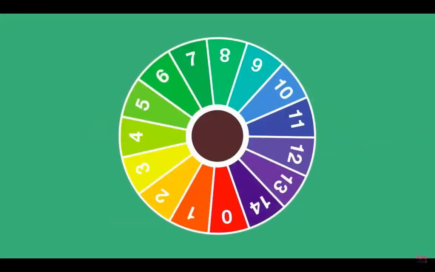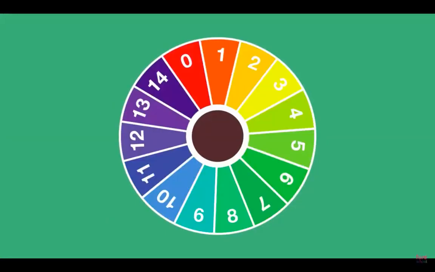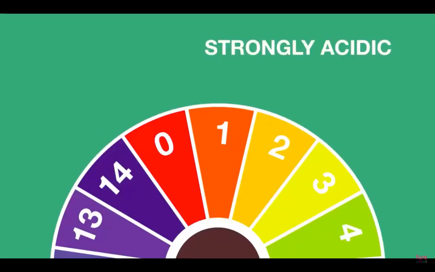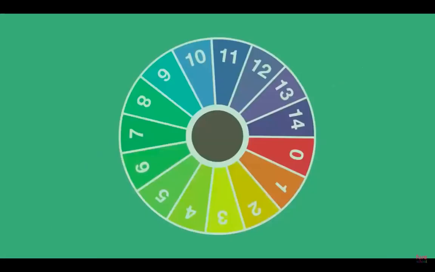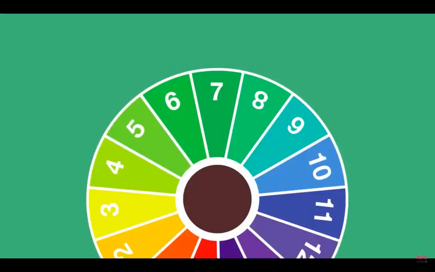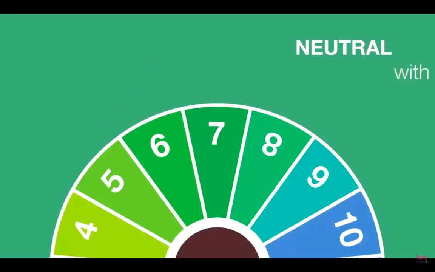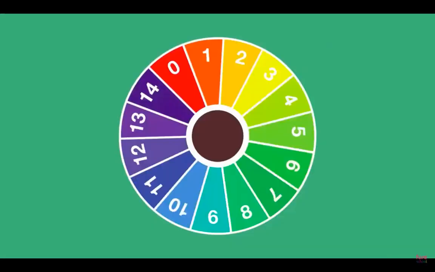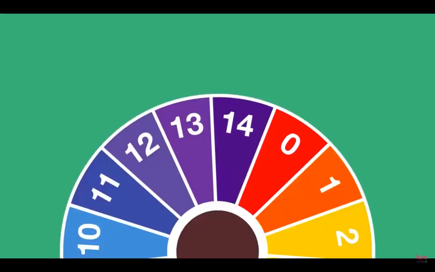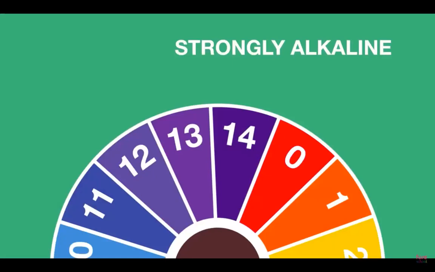If universal indicator solution turns deep red in a solution, it means that the solution is strongly acidic, with a pH of 1 to 2. If the universal indicator solution turns green, it means that the solution is neutral, with a pH of 7. If the universal indicator solution turns dark blue or purple, it means that the solution is strongly alkaline.